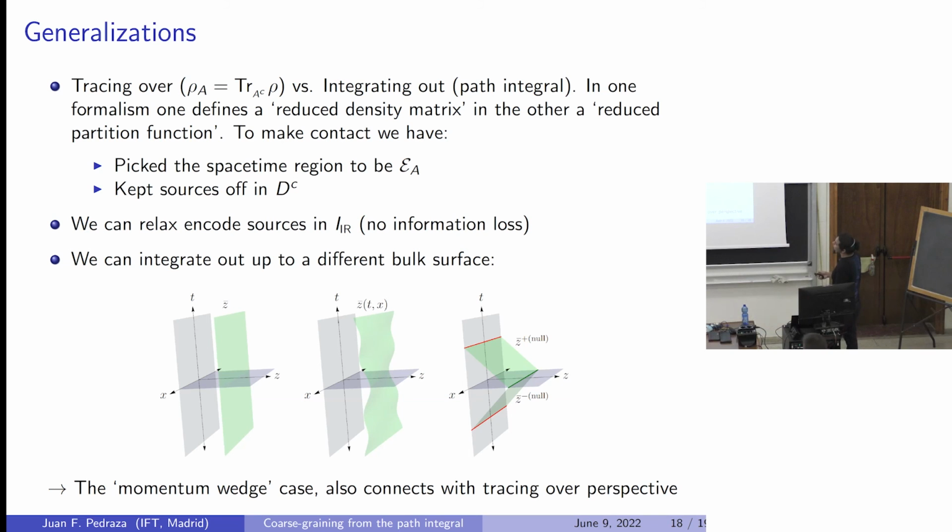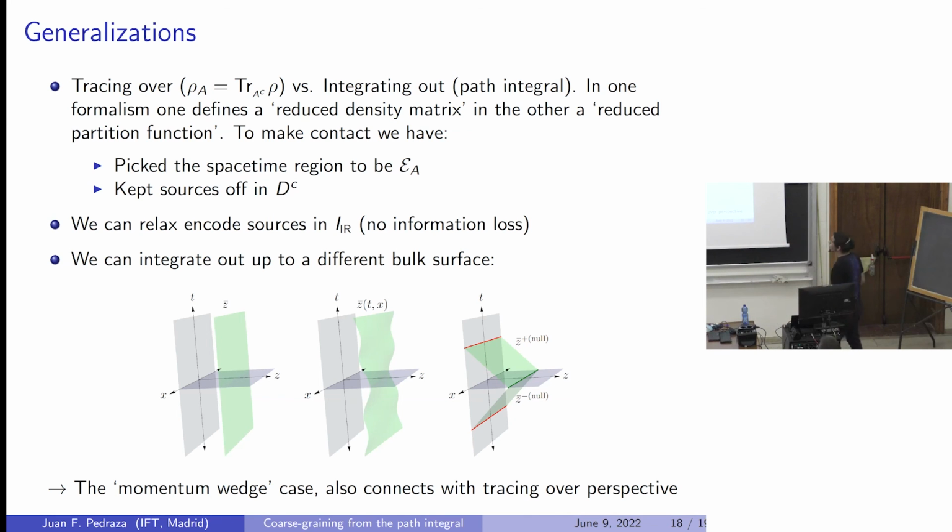In order to make contact between the two approaches, we have done two things. First, we picked the space-time region to be the one that we wanted. And second, we kept the sources off in the complementary region. That's essentially saying that once we do the integration, we don't have the possibility of changing the global state.